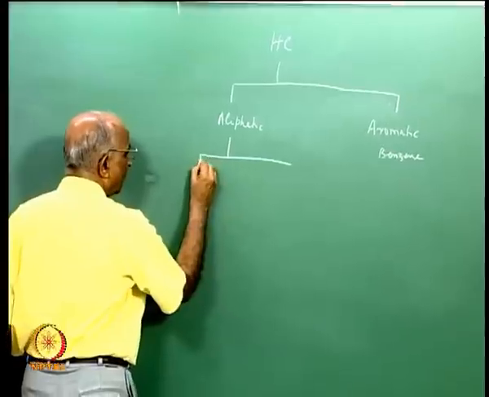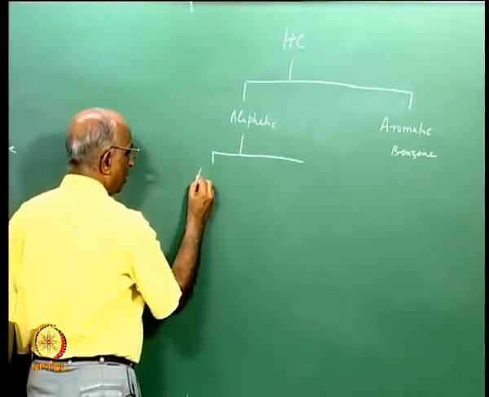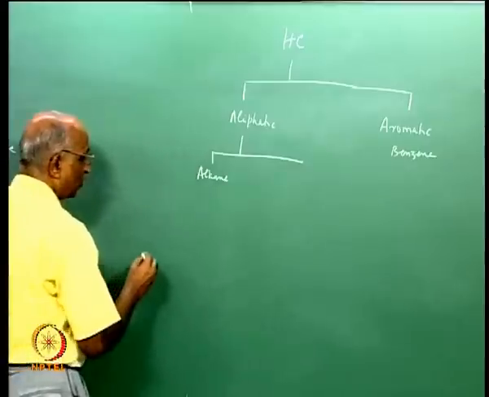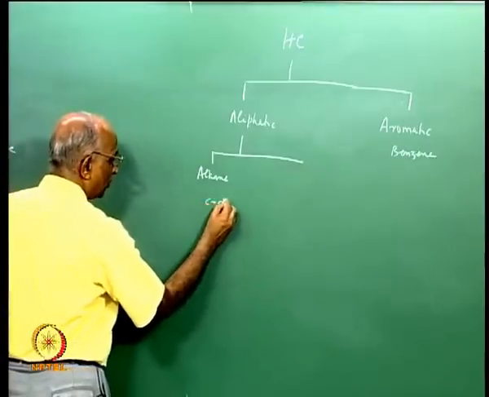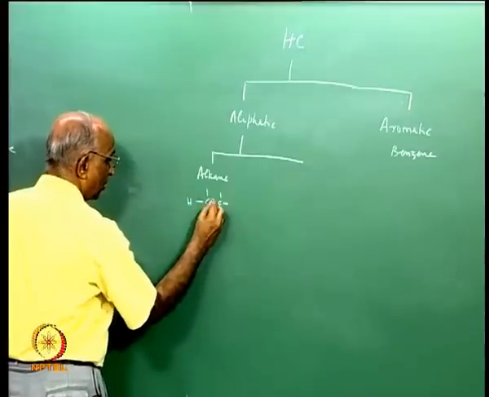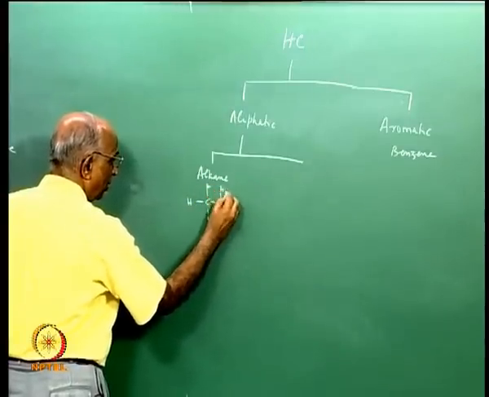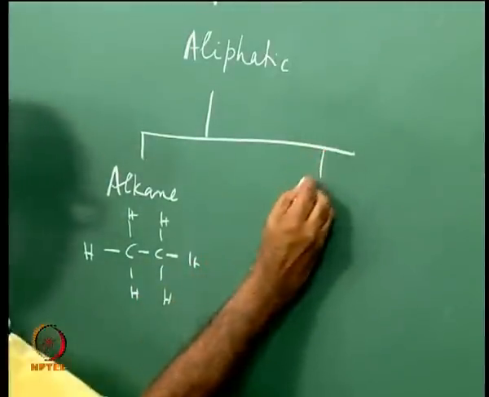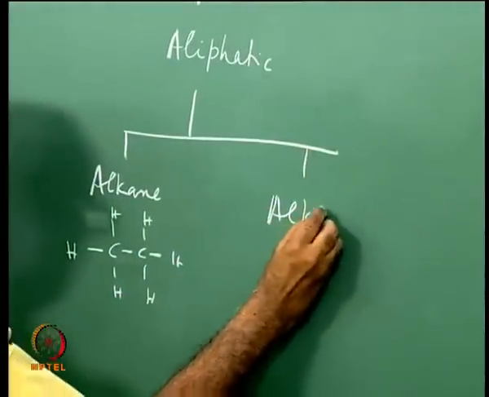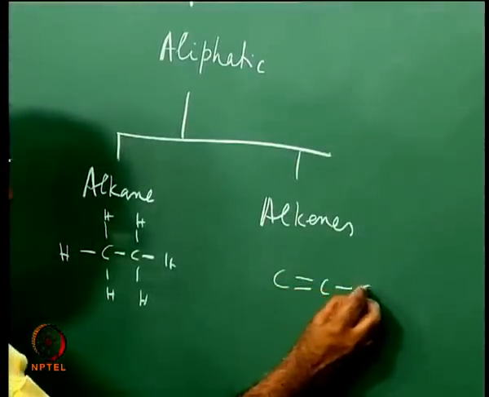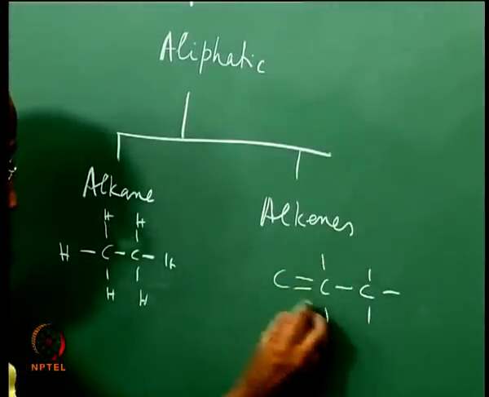This could be either saturated, which we call alkanes. What do you mean by saturated? All straight chain compounds, carbon chains are all straight over here. The second we said is alkenes, with one double bond.